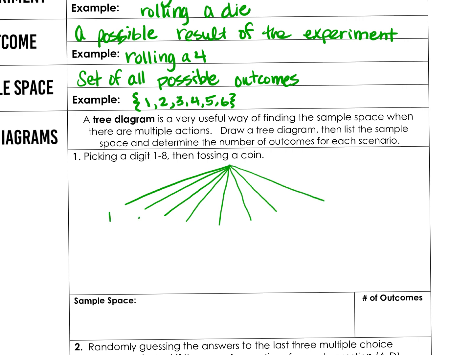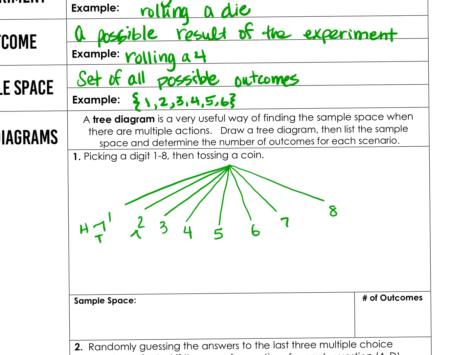So this is what I'm rolling or choosing. Then from each of those, I could have chose one, and then I can get heads or tails.